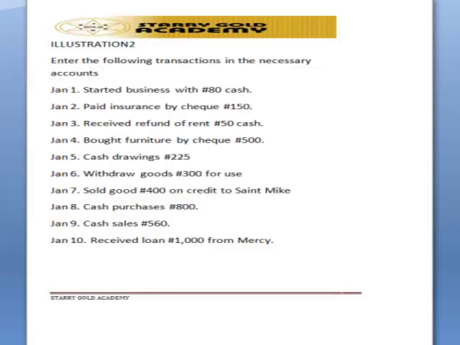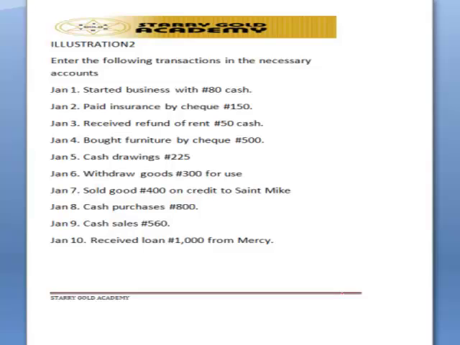We started business with 18 naira cash, that is January 1st. January 2nd, paid insurance by check. January 3rd, received refund of rent, 15 naira. January 4th, bought furniture by check, 500. January 5th, cash drawings, 225.